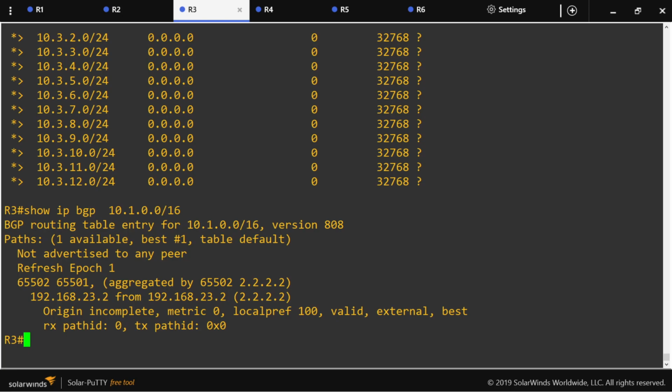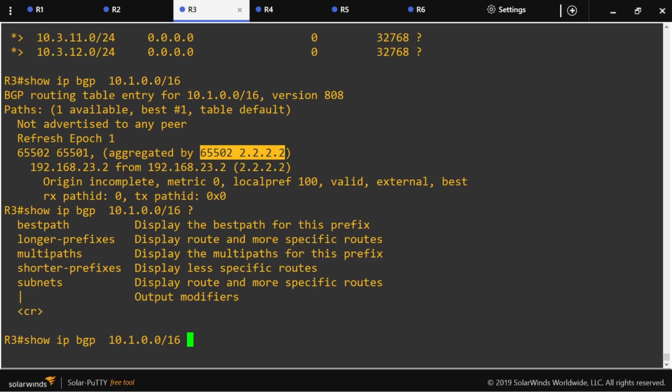I can see that, thanks to the attributes, I can know what is the router ID that performed the summary and at what autonomous system this summary was created. So this is known as the aggregator ID. This is another BGP attribute. Okay, that's it.